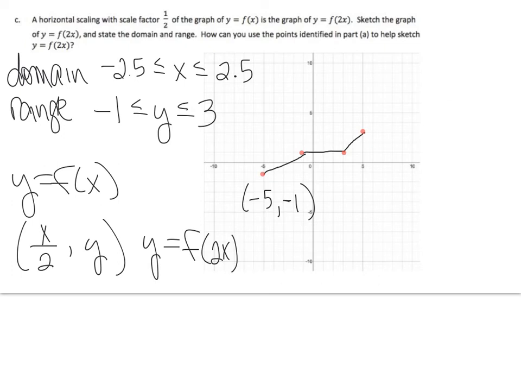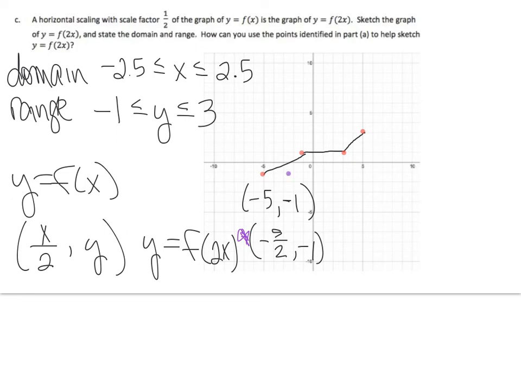If I graph a new point, it's going to be x over 2, so -5/2, -1. If I graph that one with purple, it's going to be -5/2, -1. So that would be -2.5, -1, about right there.